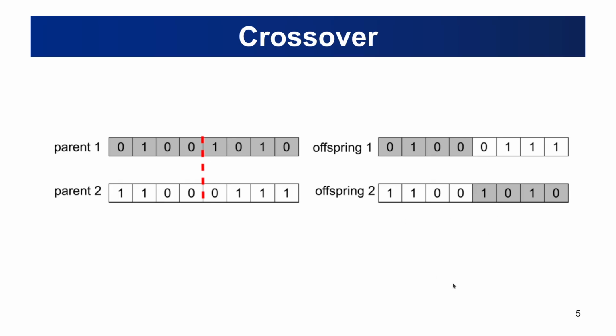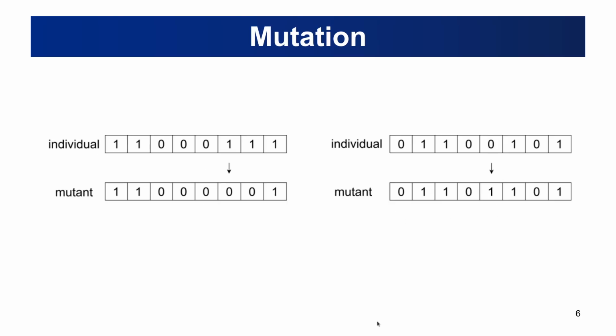That's for the crossover. And then for mutation, we are basically flipping the bits. So if it's 1, it becomes 0. If it's 0, it becomes 1. So here, for example, this is an individual. When it undergoes mutation in this particular position, that means it's flipped to 0. That means the gene has not been selected. The individual here is 0, it's flipped to 1.